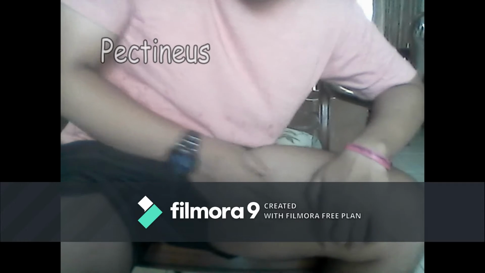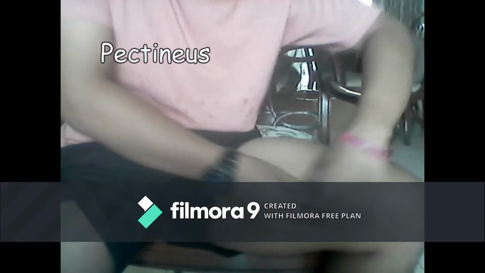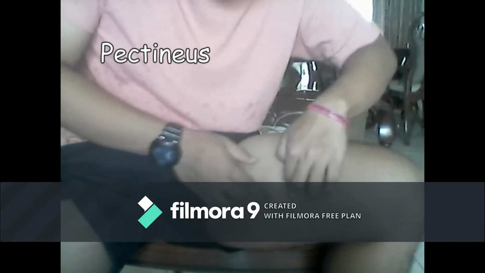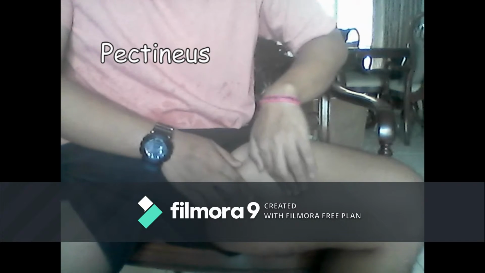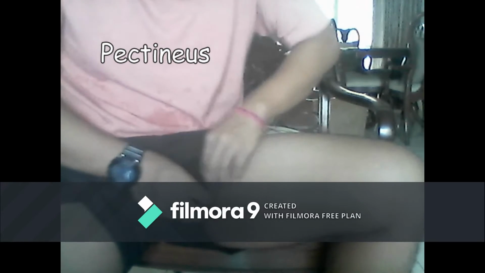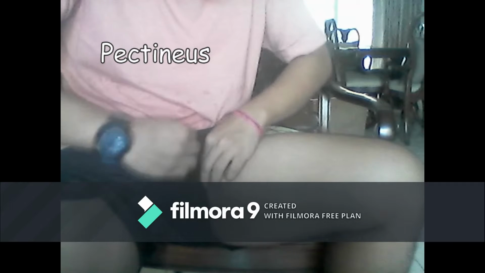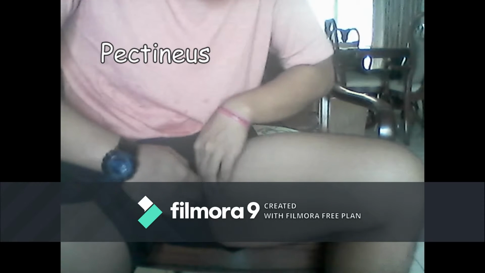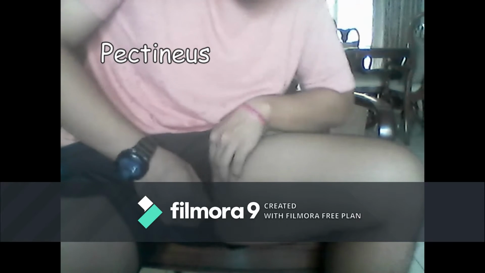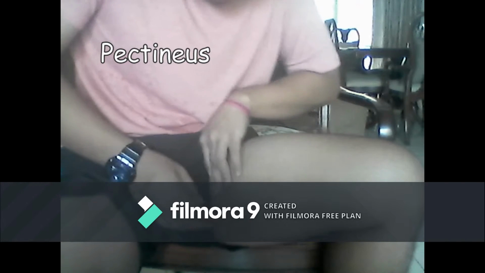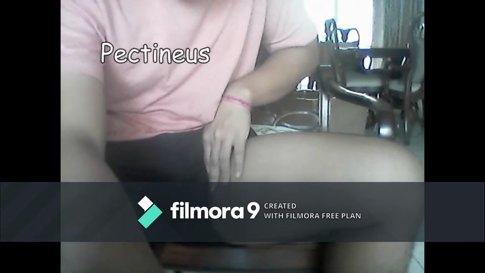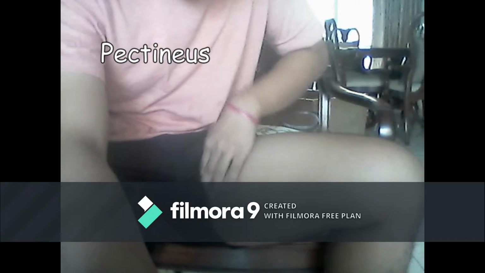And so for the pectineus, it can be palpated above the longus and the brevis, and it is lateral from the pubic symphysis. So here's the pubic symphysis, and the pectineus is somewhere here.